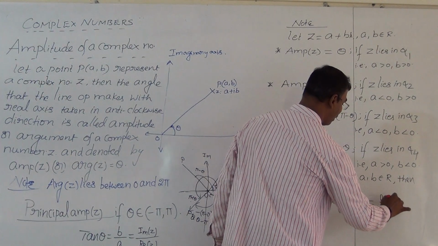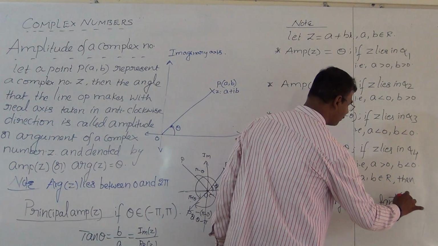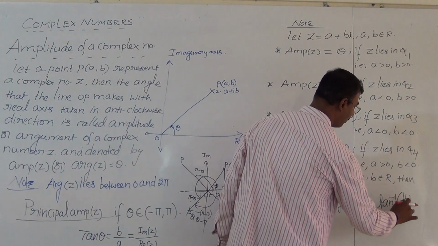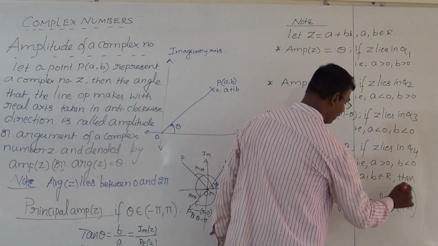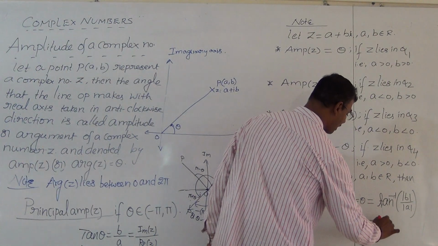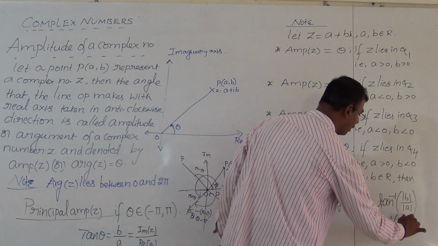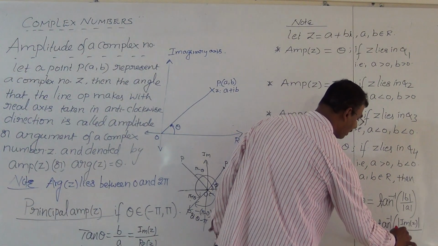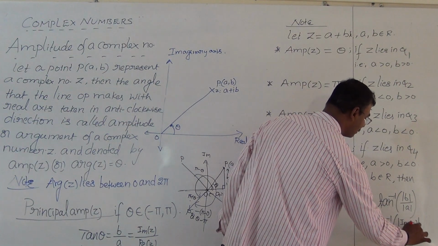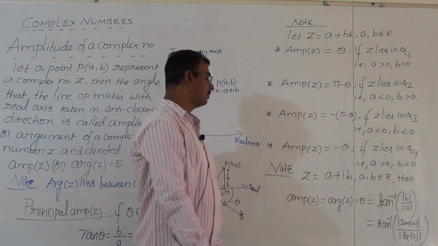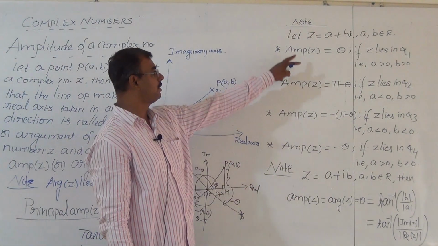Tan inverse of, take the acute angle always, mod of b divided by mod of a. This is also written as tan inverse of mod of the imaginary part of z divided by mod of the real part of z. So this is the formula to find the amplitude of a complex number.